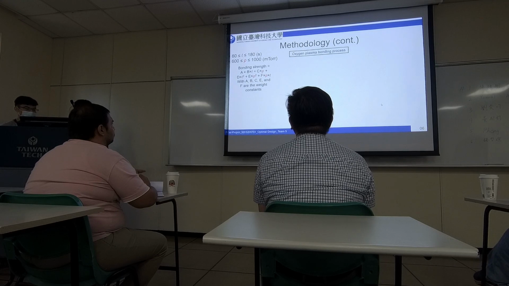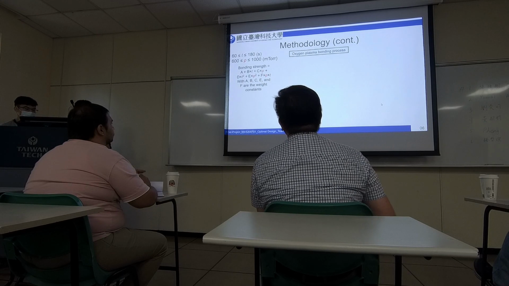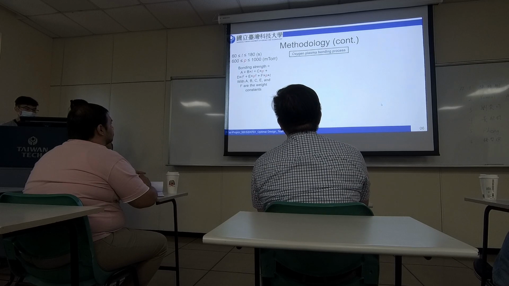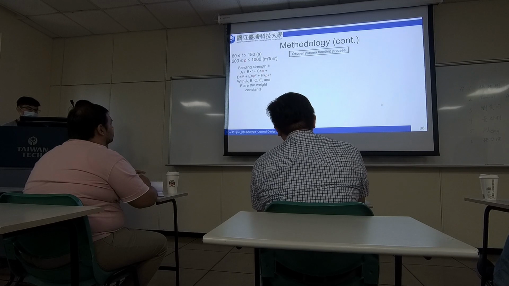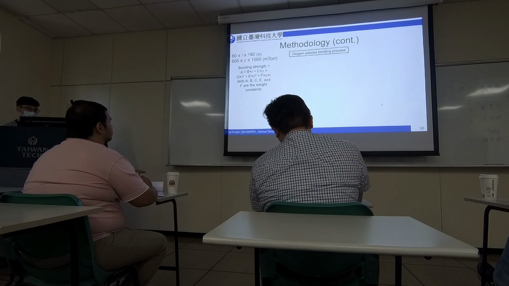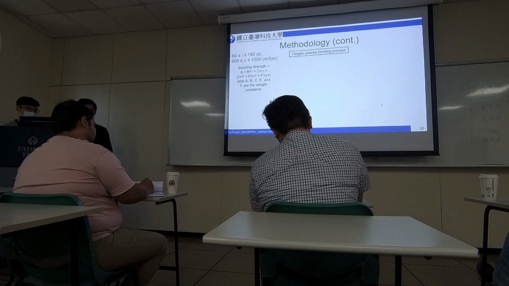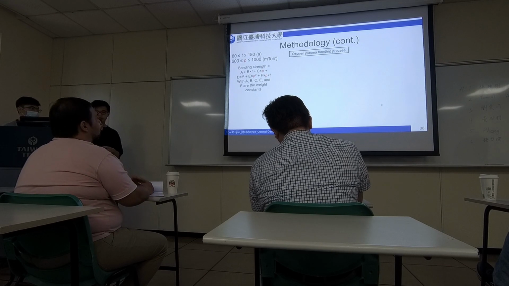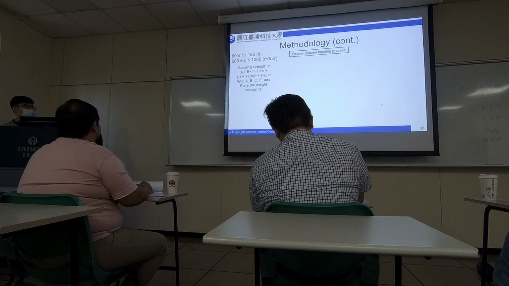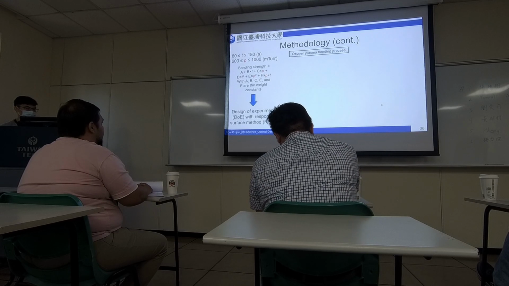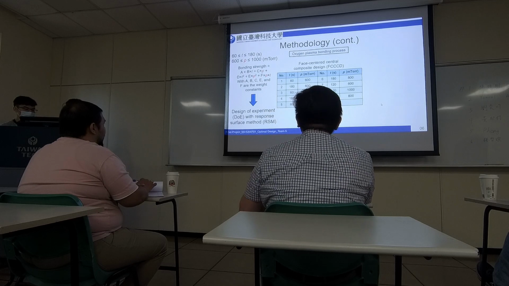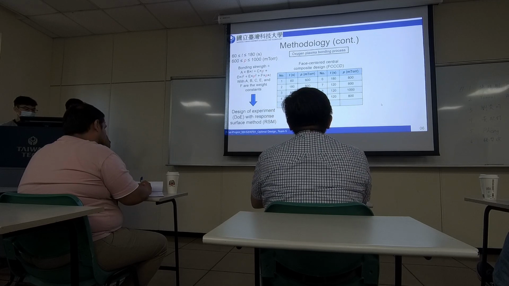We suppose that the bonding strength, the time, and the pressure have a relation like this, with A, B, C, E, and F as the weight constants. Because we don't know what the function actually is, we use design of experiments, focusing on the response surface method, especially the face-centered central composite design, to limit our number of experiments.